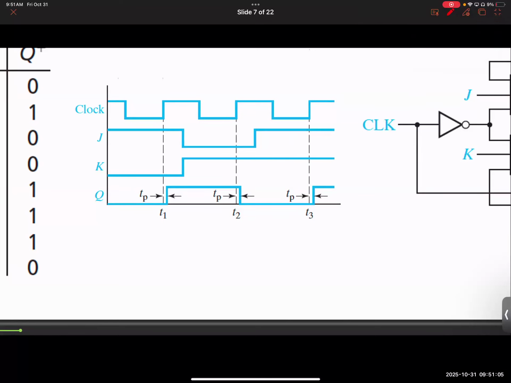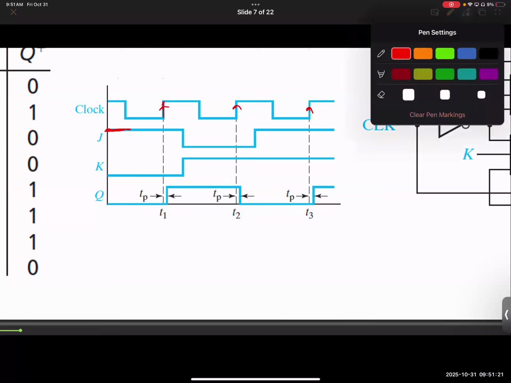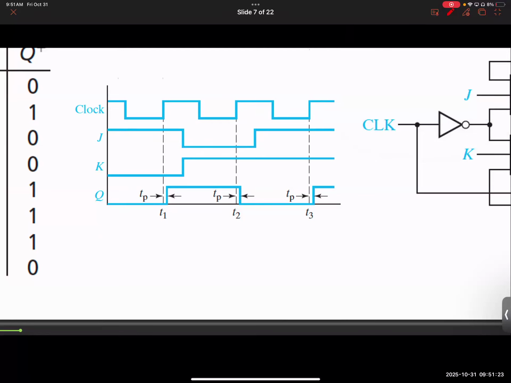So now let's start with this. When J is 1, and by the way, without any loss of generality, we are treating it as a rising edge triggered flip-flop. You can always do the opposite, the falling edge triggered. Are you still with me? When I provide a question for your exam, if you see an arrow pointed to the rising edge, you understand that this is a rising edge triggered flip-flop.